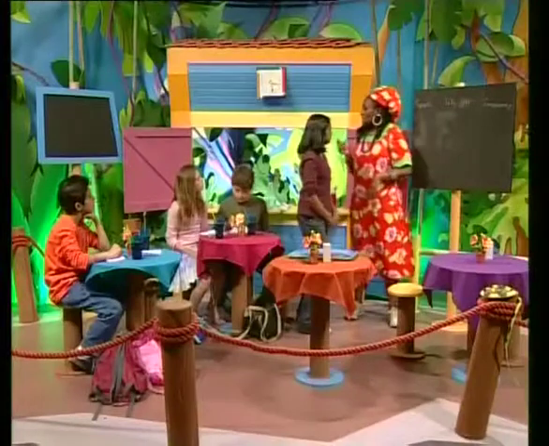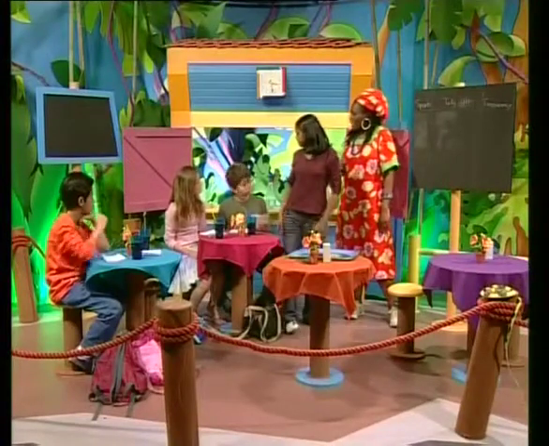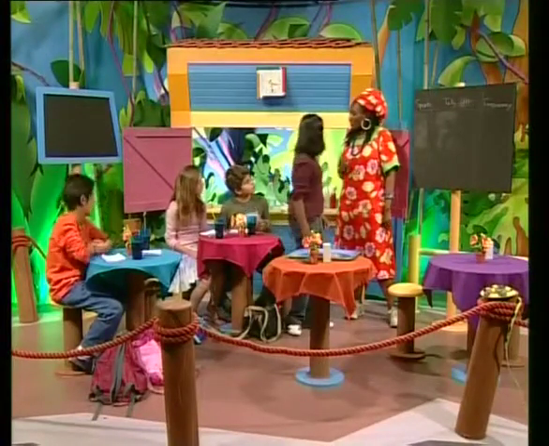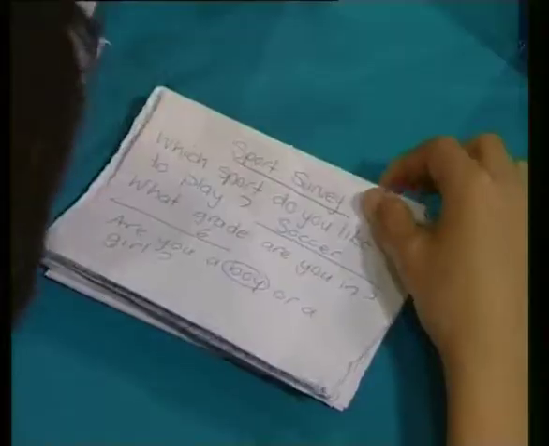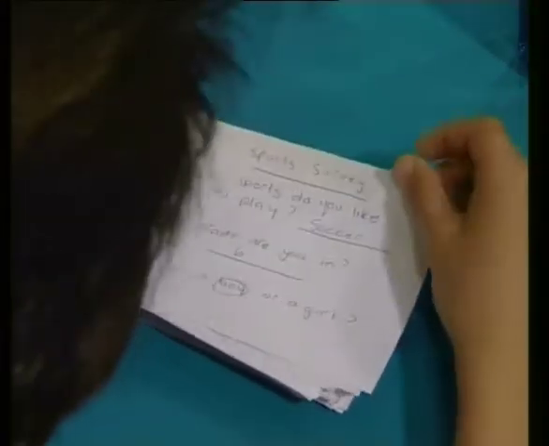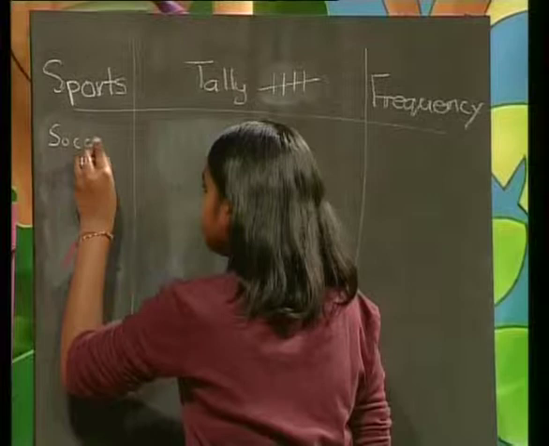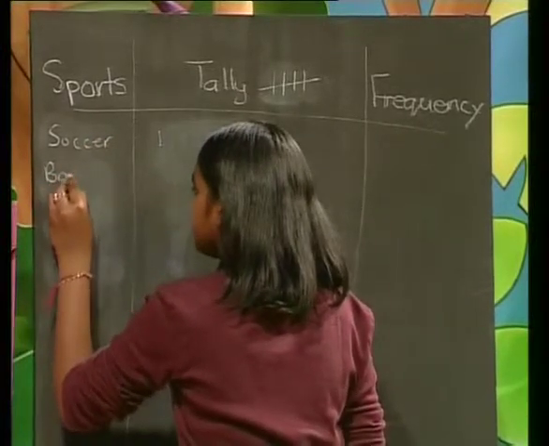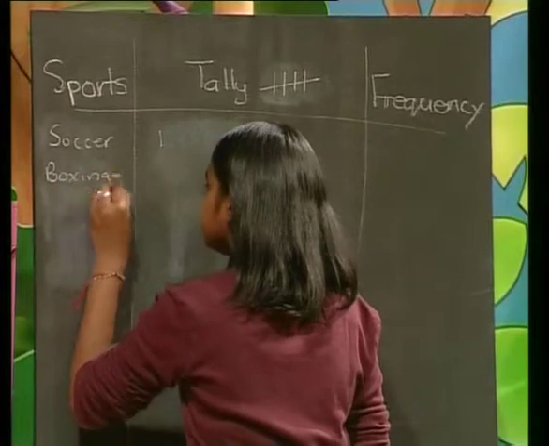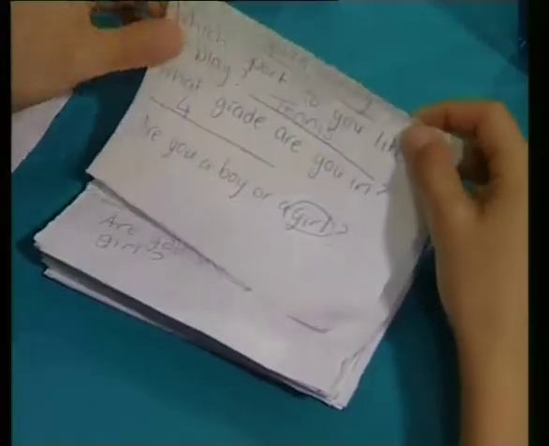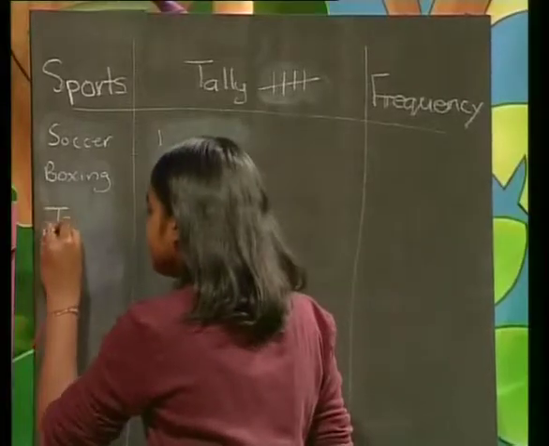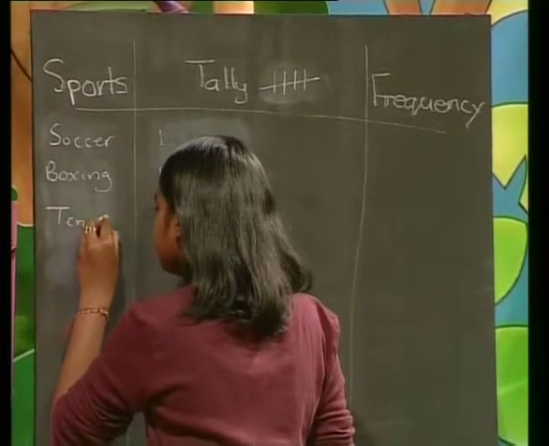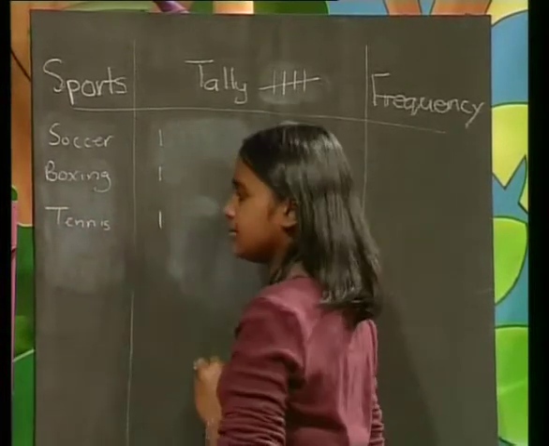So, Harry, please take the first questionnaire and read out what sports the person likes to play. Okay. This first one here says soccer. And the next one says boxing. This one says tennis. And this one says netball.